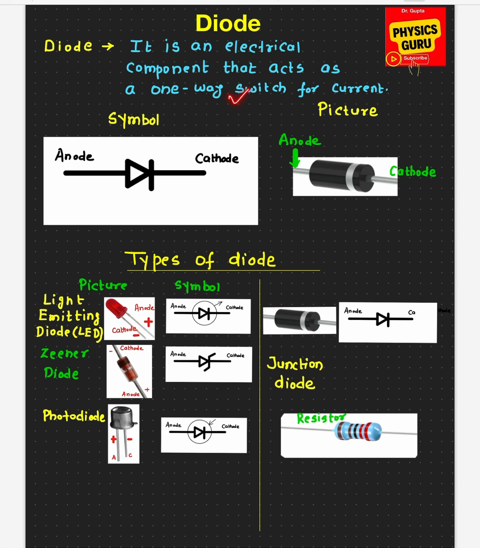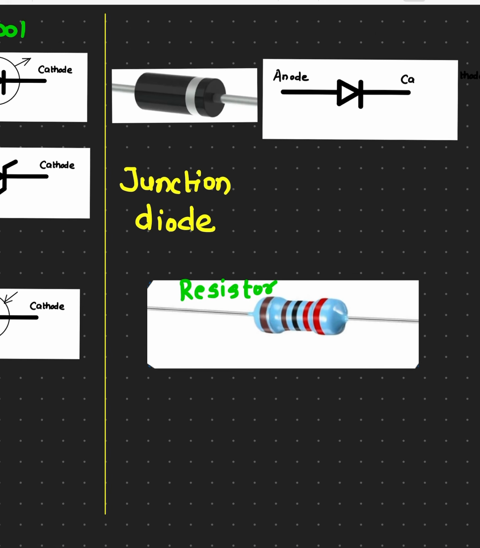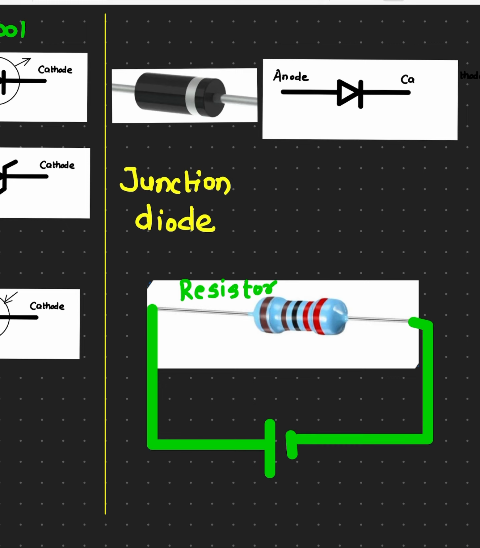But before I explain, let's talk a little about the resistor. For example, you have a resistor here, and if you connect a resistor to a positive terminal like this, you'll get a current in the circuit. Okay, so this is connected to the positive terminal and this is connected to the negative terminal. In each case, you will get a current.